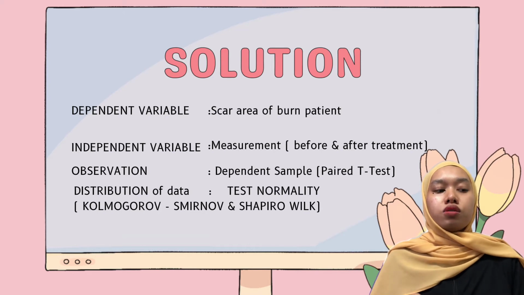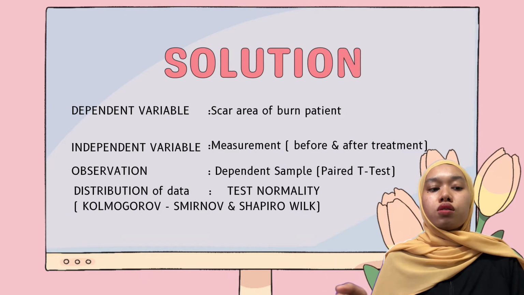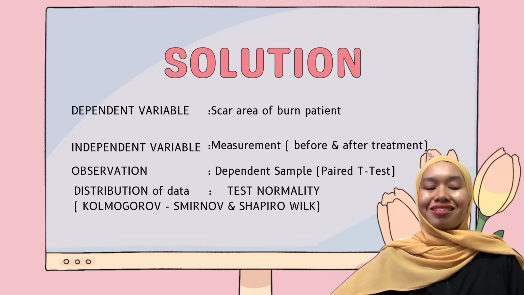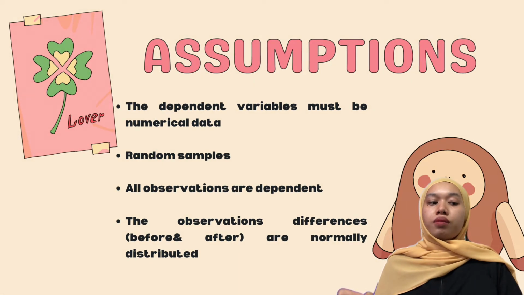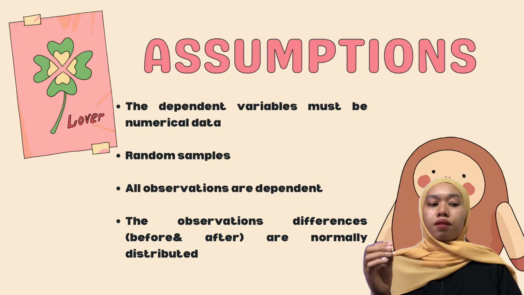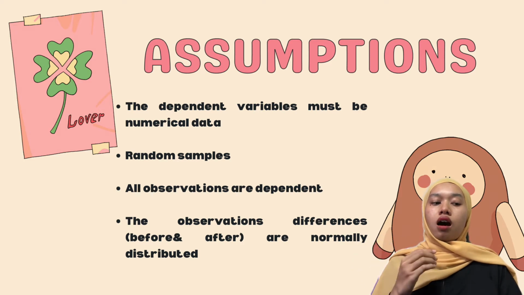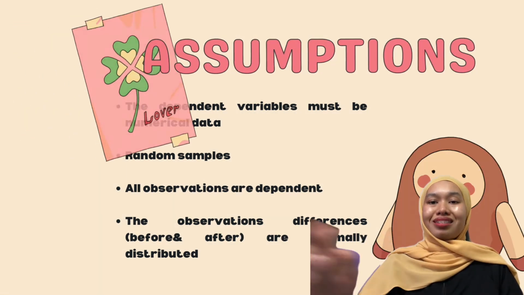So we are using the paired t-test due to the same individual tested. Assumptions: the dependent variable must be numerical data and a random sample. All observations are dependent. The differences before and after are normally distributed.